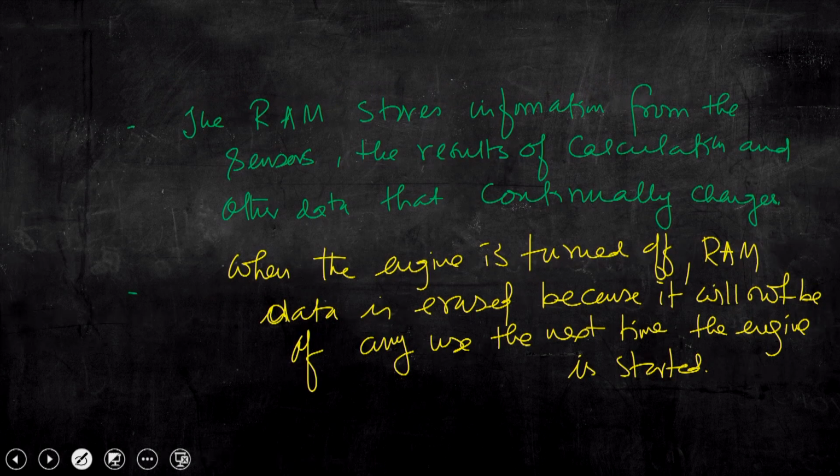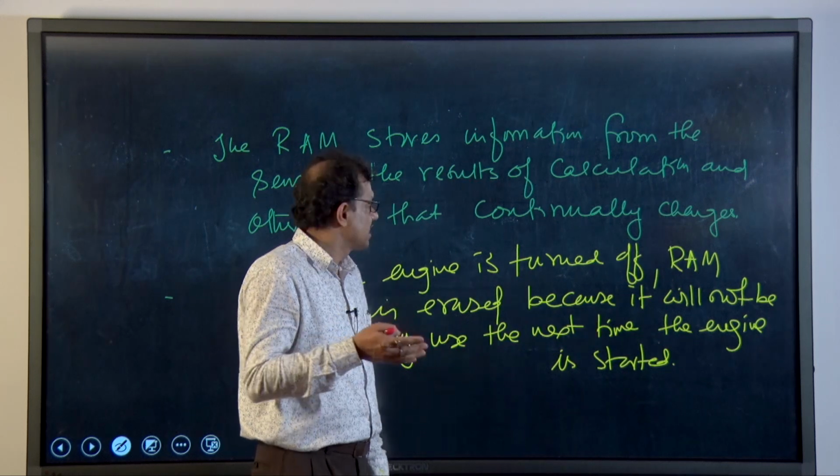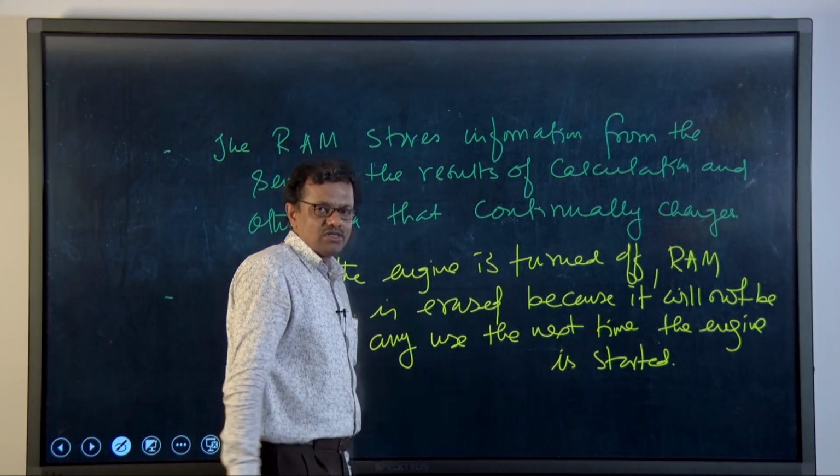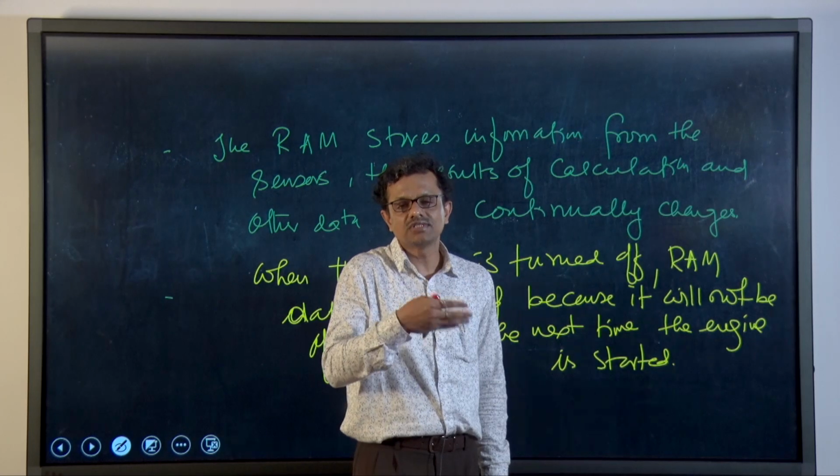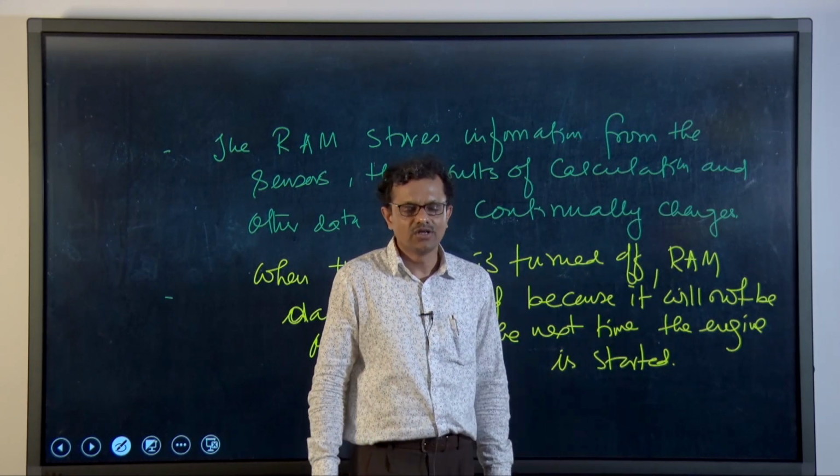RAM stores information from the sensor, the result of calculation and other data that continually changes. That means random access memory, that is, the microprocessor can access this data randomly, and it will change continuously. Now, when the engine is turned off, then RAM data is erased, because it has no meaning of storing the data, and the data will not be of any use the next time the engine is started.